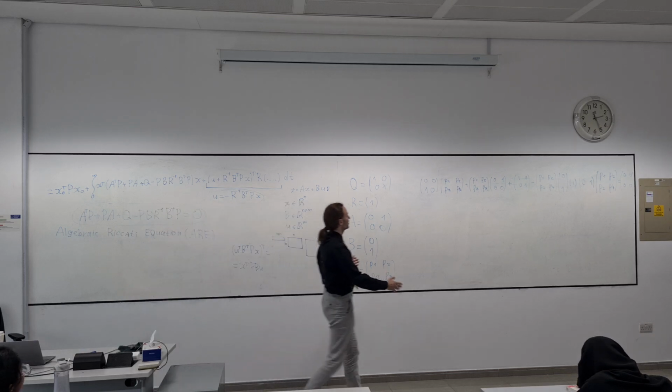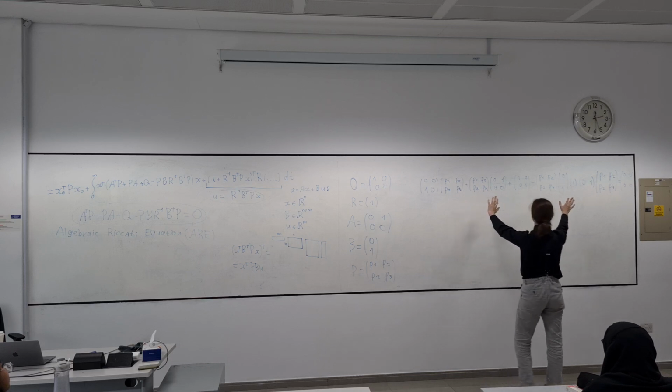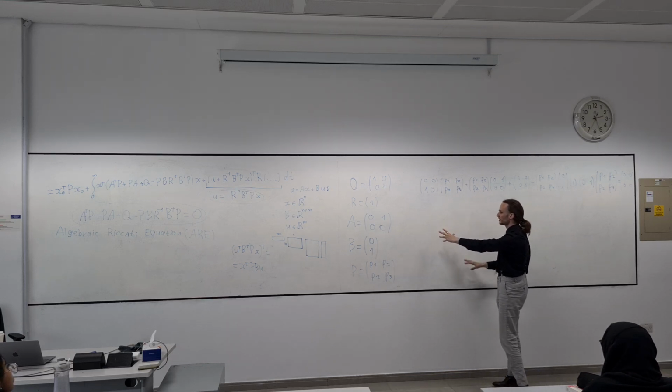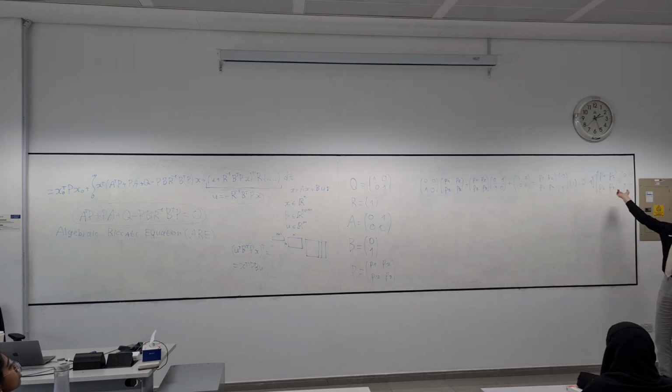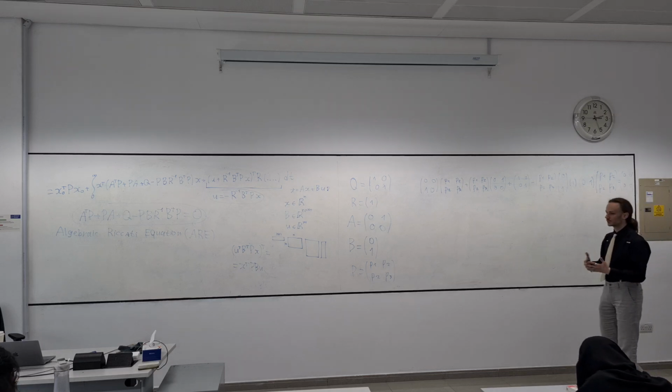What we can do here is multiply these matrices and assemble everything in the form of a first 2x2 matrix being equal to a second 2x2 matrix of zeros, which will give us 4 equations, and they can be solved together as a system.